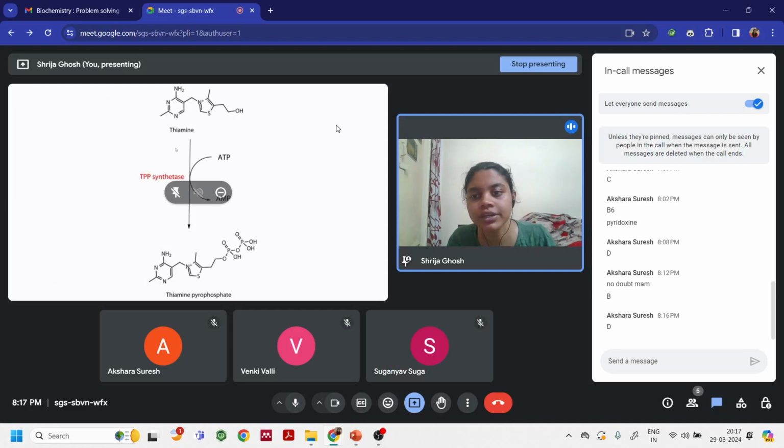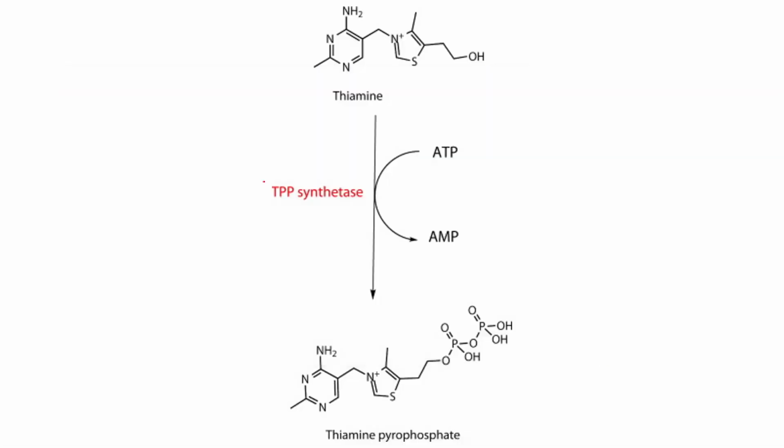So you see here we have thiamine, we have TPP synthetase. So you don't have to mug up the structure or mug up the names of the enzyme. So you see what is happening here. TPP is being synthesized. So what would be the enzyme? TPP synthetase, because this enzyme is synthesizing TPP. Okay, this is TPP. So we have the OH here. At this oxygen we have two phosphate groups attached.